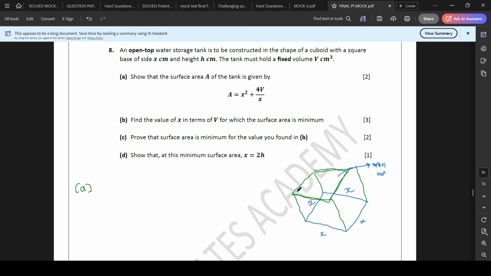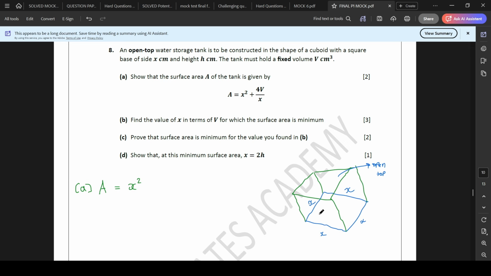Actually, when I tried this question for the first time, I did not pay attention myself to this open top, but yeah, that is a trap. So over here we need to know that it is an open tank, so you don't need to count the x square on the top. You can just count the x square on the bottom.